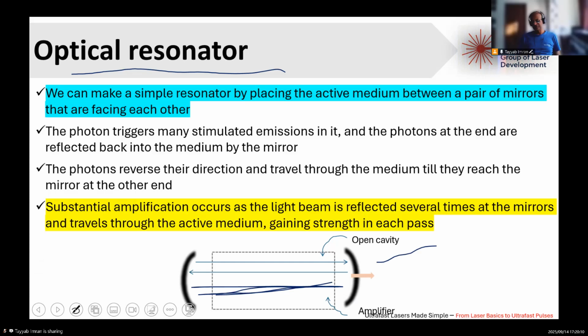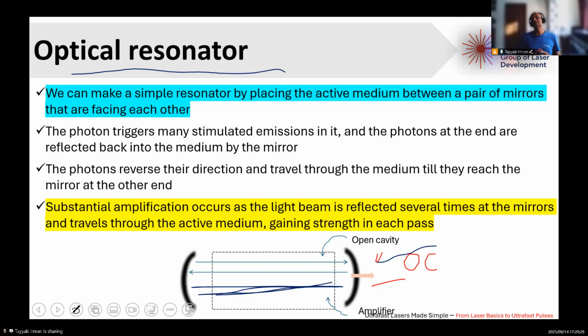As I mentioned, one of the cavity mirrors, this one, let's suppose we call it the output coupler. Output coupler means that we take the output from this side.